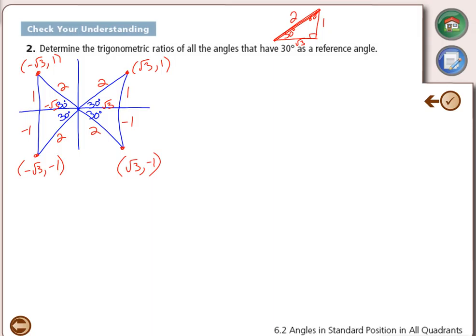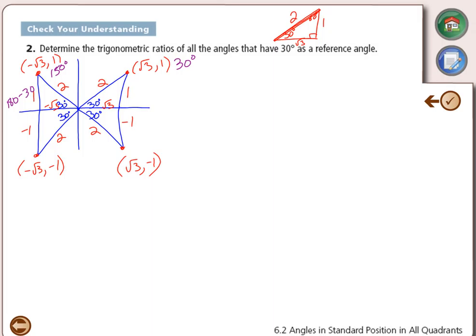In quadrant 1, reference angle is 30, principal angle is 30. In quadrant 2, my reference angle is 30 degrees, but I need to calculate my principal angle. It's 180 minus the 30, which gives me 150 degrees.